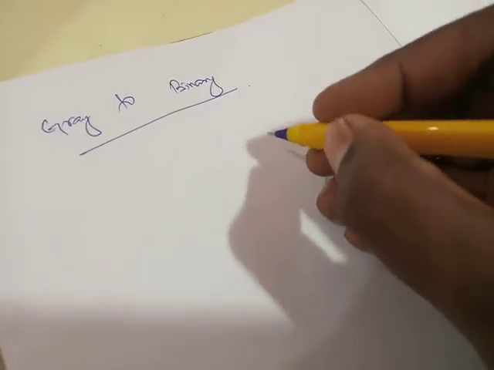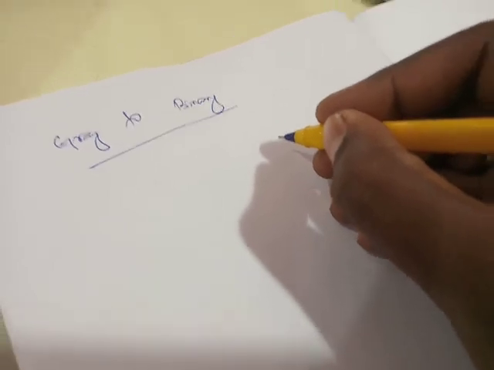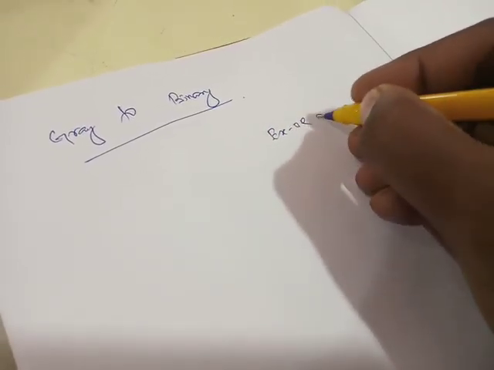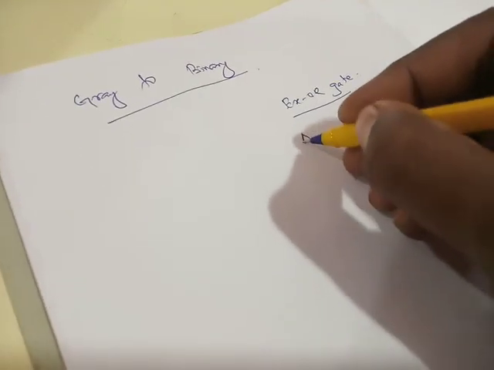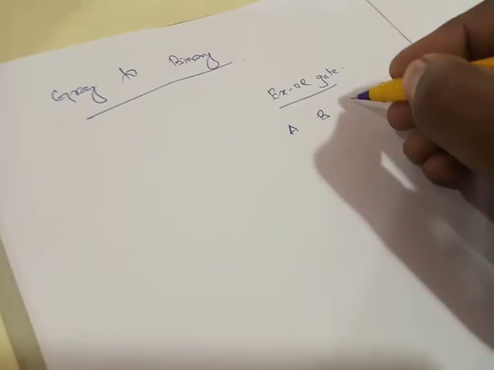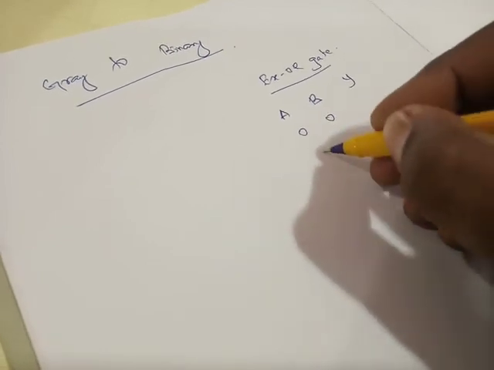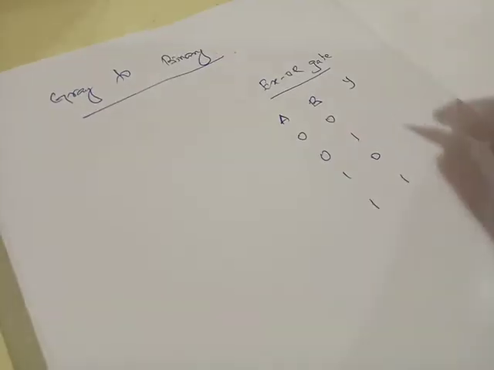So for this, first we have to know about the truth table for the XOR gate, right? For the XOR gate, the truth table has A, B as 2 inputs and Y as the output. So here the combinations are 0 0, 0 1, 1 0, 1 1, right?